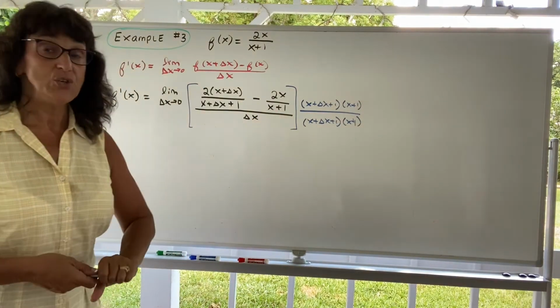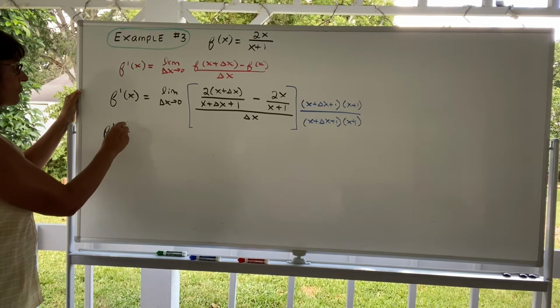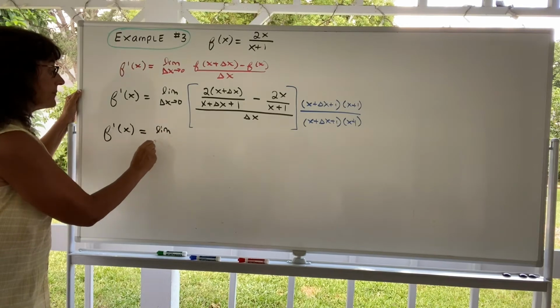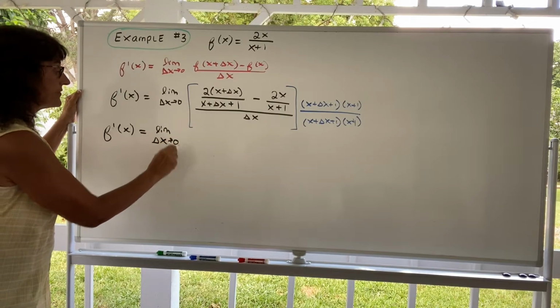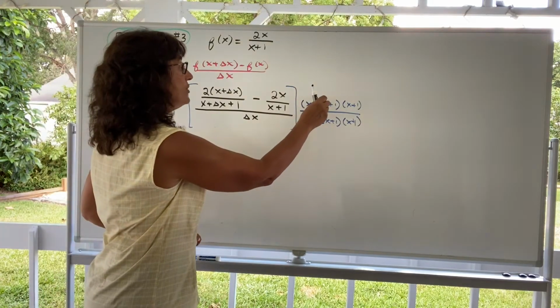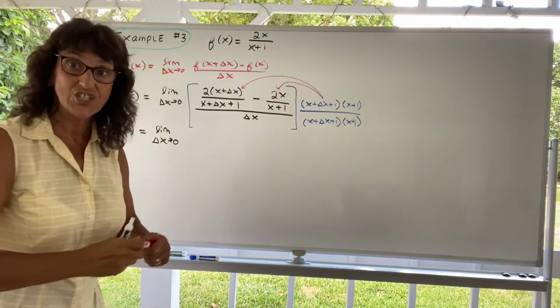So let's go ahead and do the algebra here. To find the derivative of our function, we take the limit as delta x goes to 0. All right, and we want to distribute here. We're going to distribute this expression to each term in the numerator.